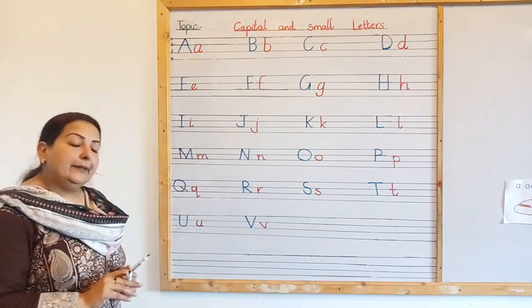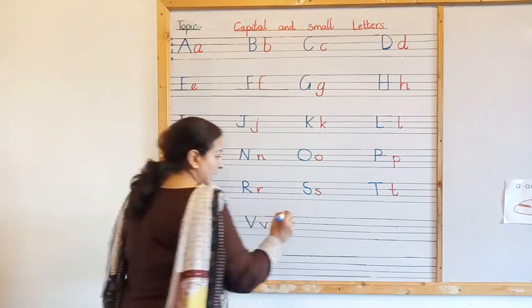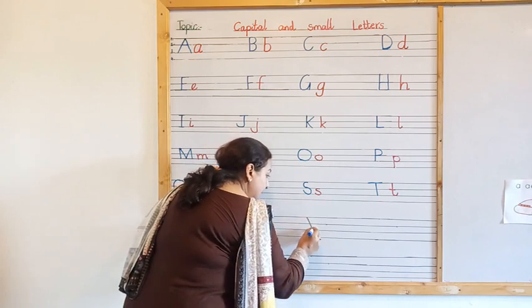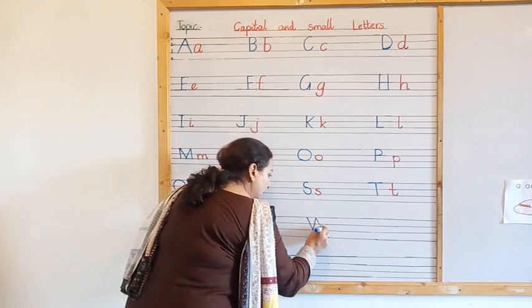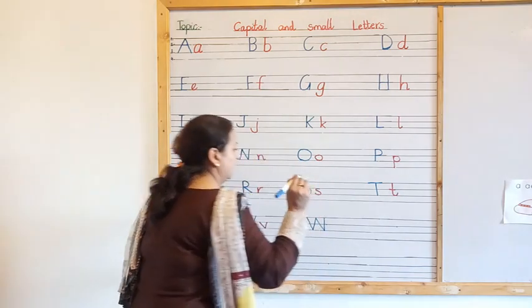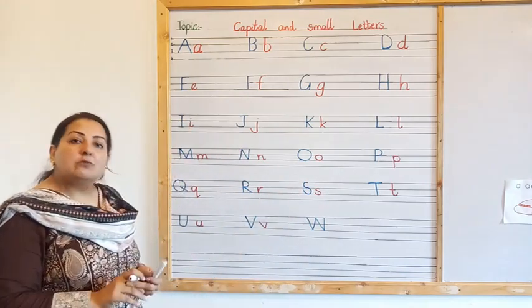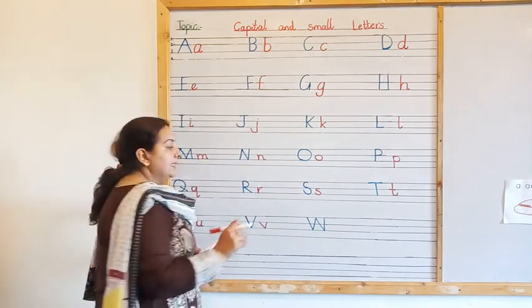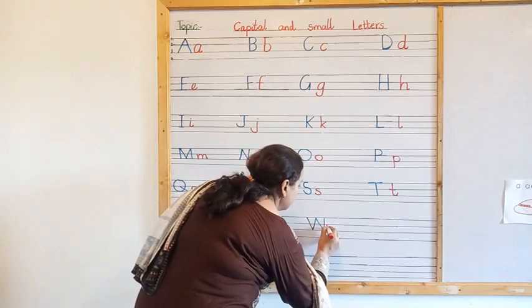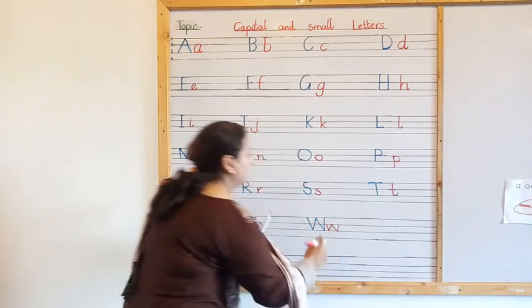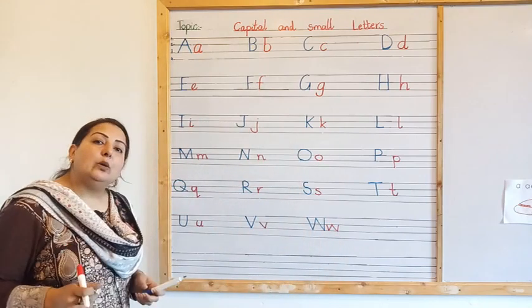What comes after V? W. In upper three lines you will write W in this way. And small w we will write in center two lines. What comes after W?